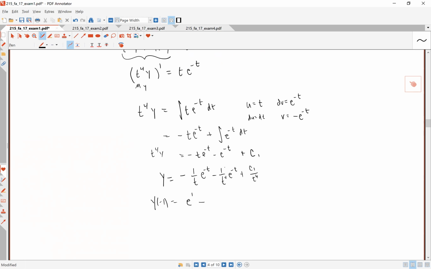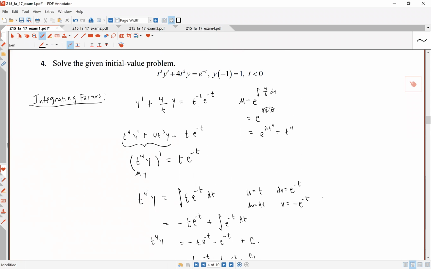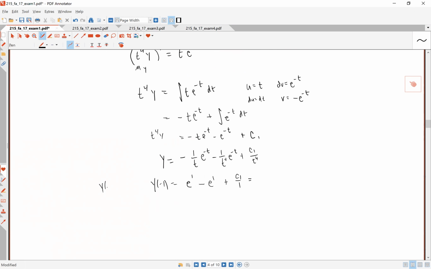This is minus 1 over positive 1 e to the first plus c1 over 1, and we know that y of negative 1 is 1. And so that says that our constant of integration is 1, and therefore we have y of t is negative 1 over t e to the negative t minus 1 over t to the fourth e to the negative t, and then this is plus 1 over t to the fourth.